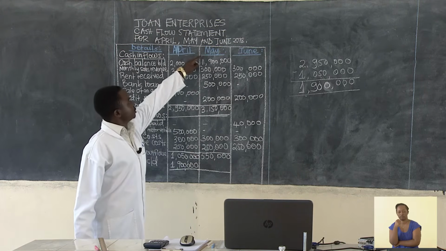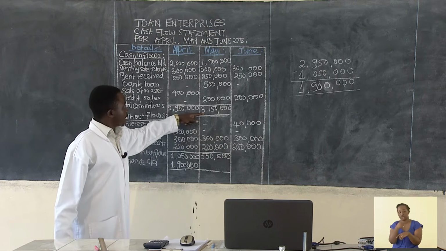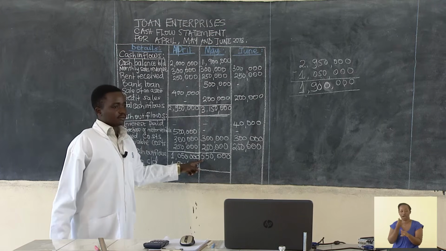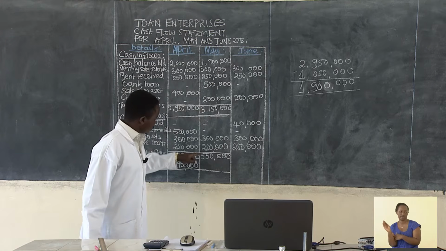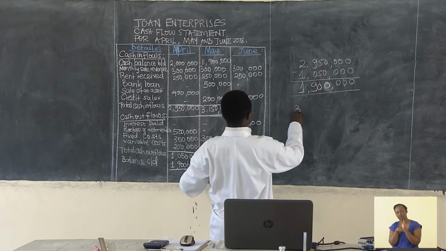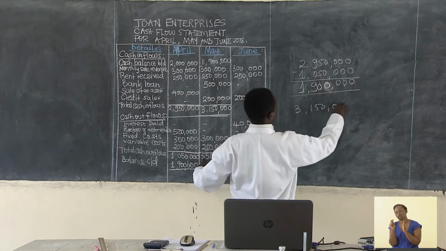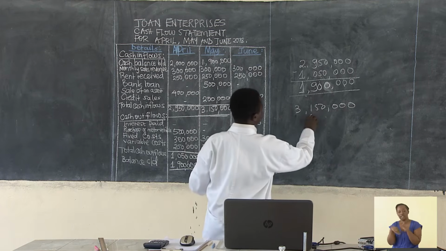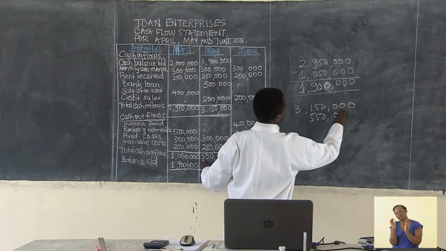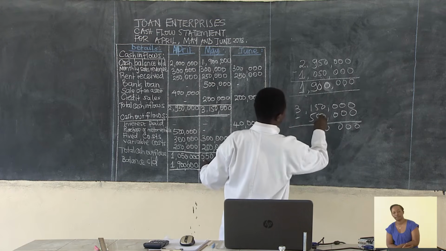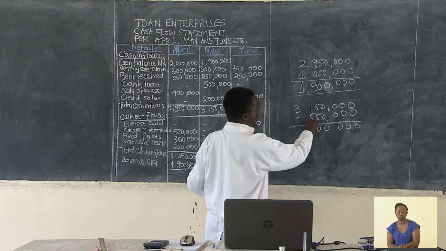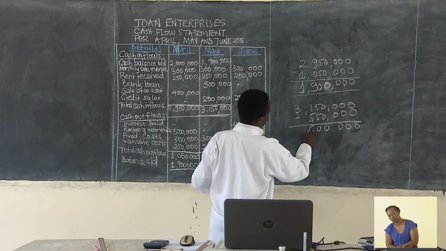So, during the month of May, still our cash inflows are greater than our cash outflows. Now subtract this one. So if you get 3,150,000, then you take away 550,000. So what do you get? 0, 0, 0, 0, 5 minus 5, 0, 1 minus 5, impossible, so 11 minus 5, 6.